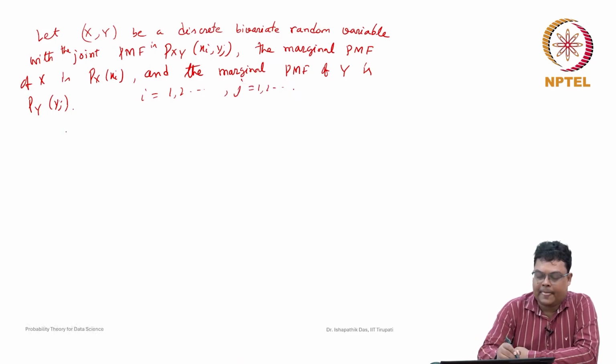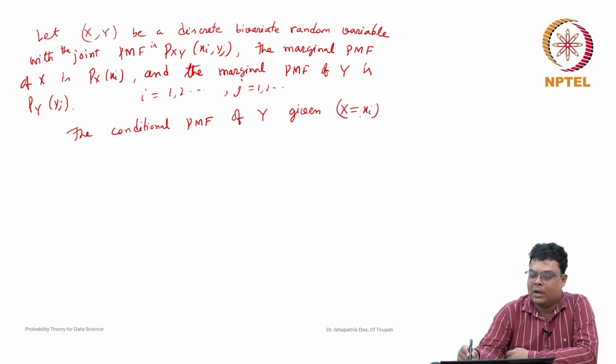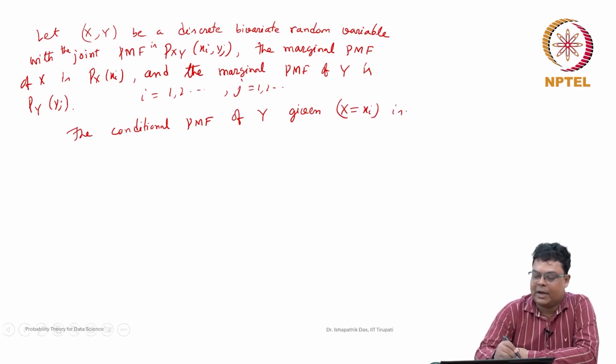So we know that the conditional probability mass function of Y given X equal to some particular value xi in the domain is defined as p_{Y|X}(yj | xi).